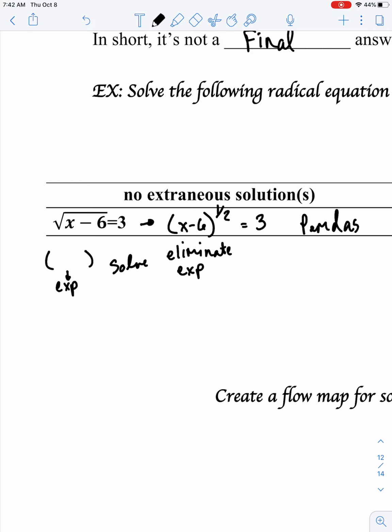And I forgot here, I have subtraction at the end. So I want to start with the exponent. When I solve, I'm going to eliminate the exponent. After I eliminate the exponent, I'm then going to get rid of the parentheses. And last but not least, I'm going to do the opposite of subtraction, which means I'm going to add.